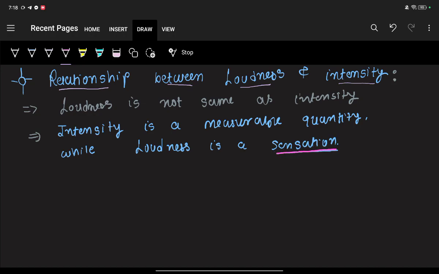So experimentally, Weber and Fechner, there were two scientists.